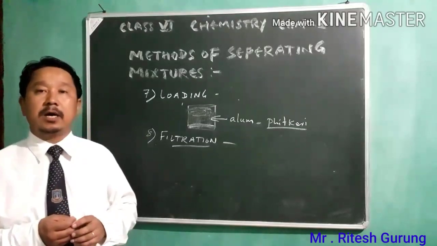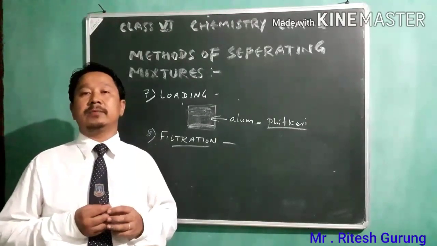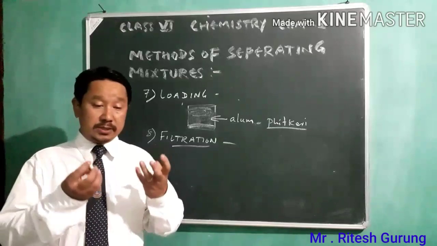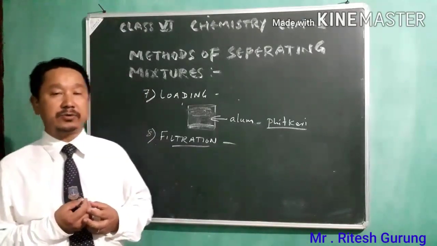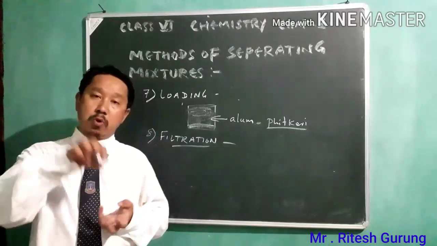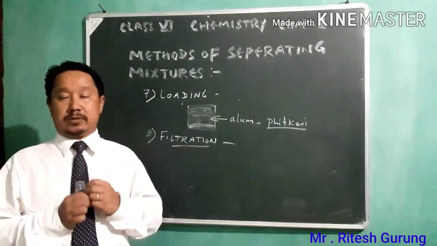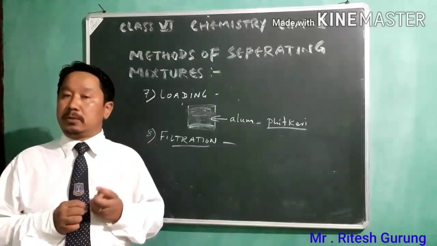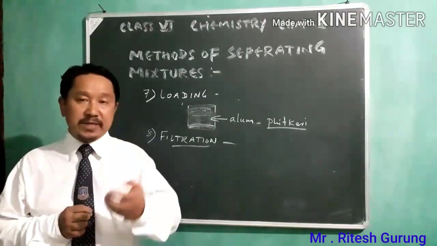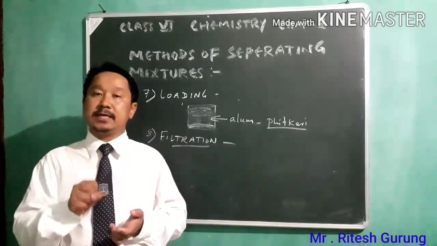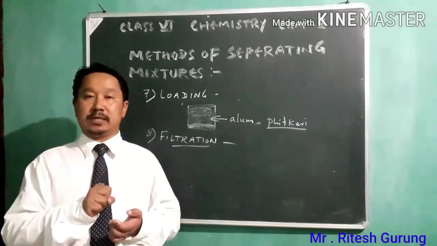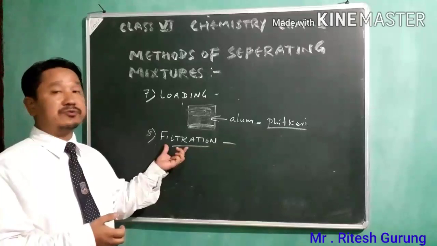Example, you see separating tea leaves from the tea solution when the tea is made. At that time, the tea solution is poured through the filter, the strainer or even a piece of cloth. So your tea leaves are retained there in the strainer itself. That method is called filtration.